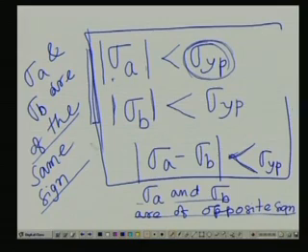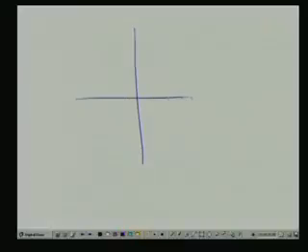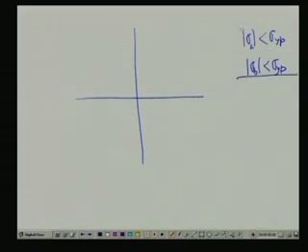Now, if we put these results, then you can see the three conditions: sigma A less than sigma yield point, sigma B less than sigma yield point, same sign, and the modulus of sigma A minus sigma B less than sigma yield point.